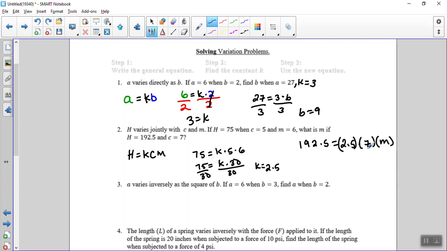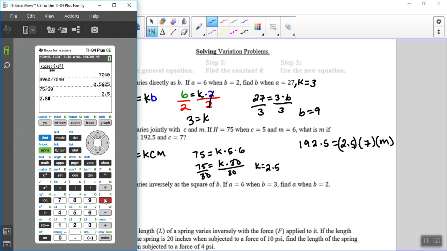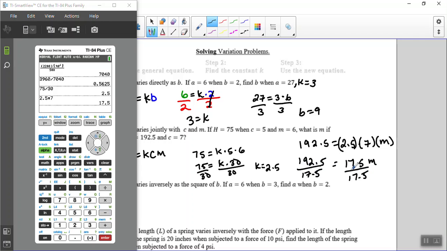That's what I'm going to find out. So 2.5 times 7 is 17.5 M, and then just divide both sides. And so you have M equals 192.5 divided by 17.5, which is 11. That is my answer.